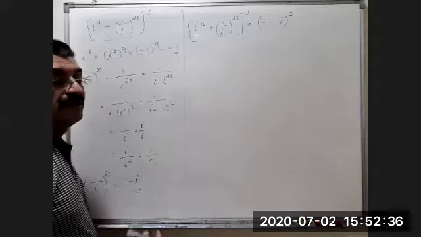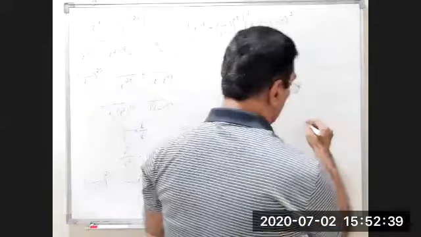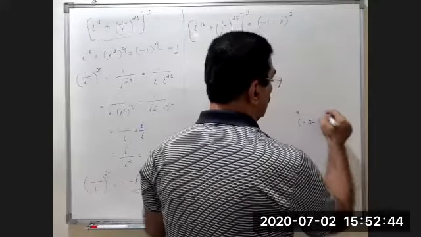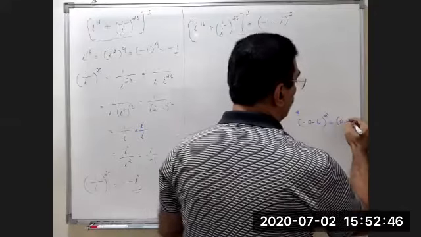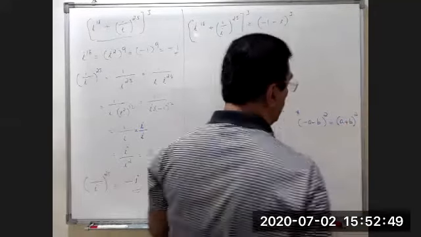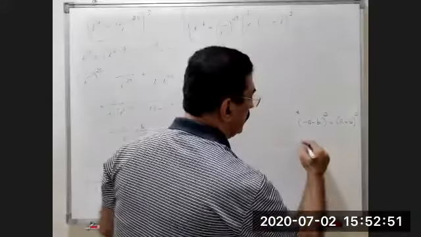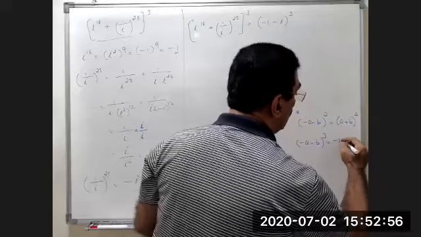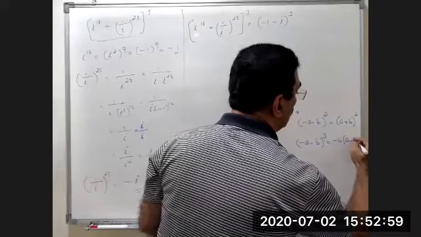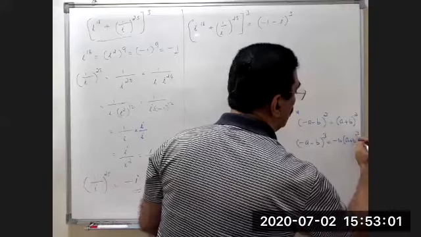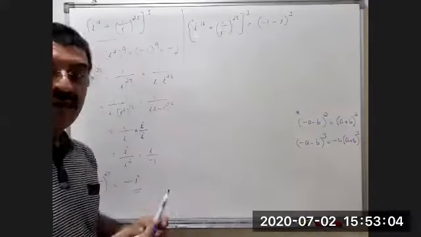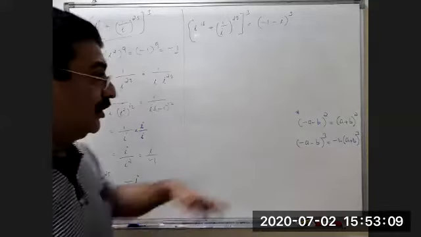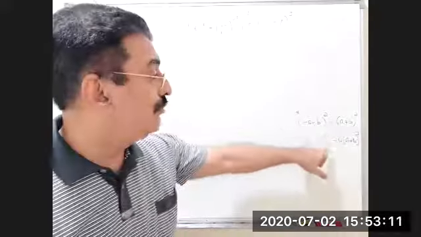See, minus A minus B, the whole square is the same as A plus B the whole square, whereas minus A minus B the whole cube will be minus 1 into A plus B the whole cube.